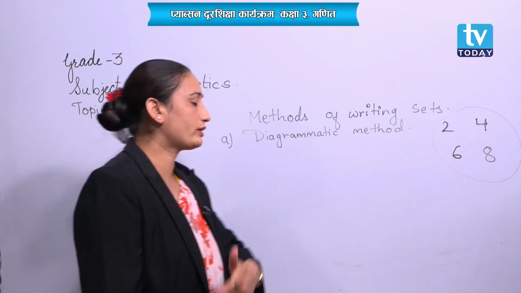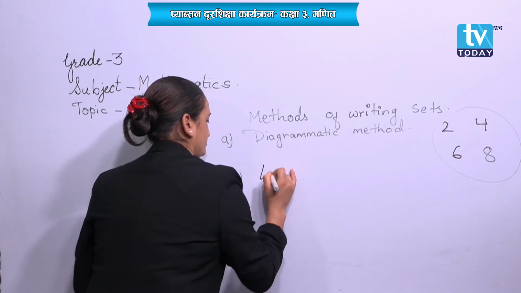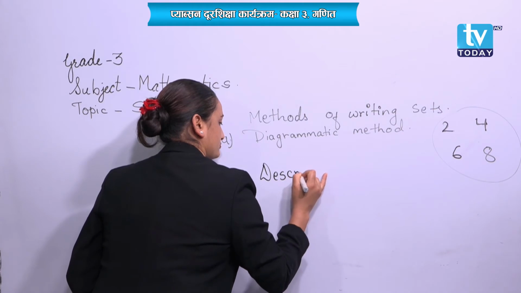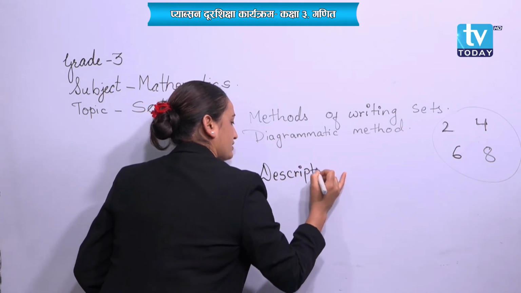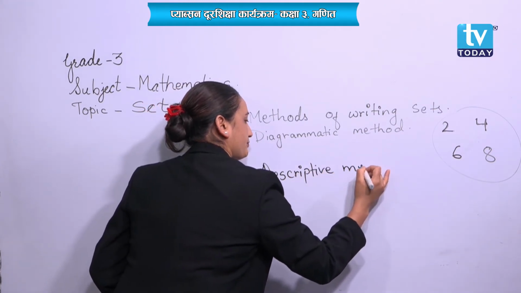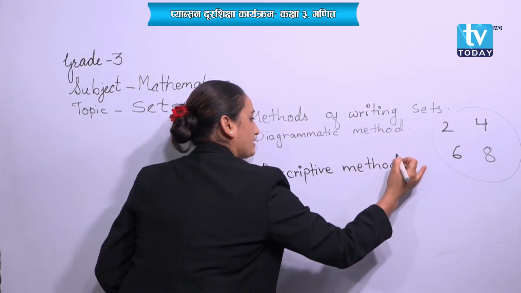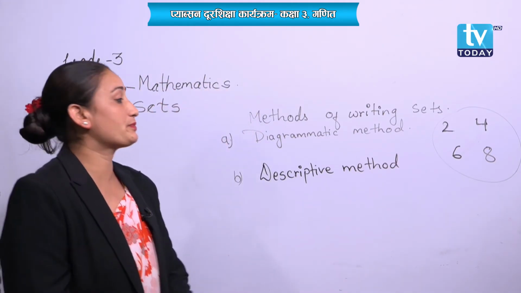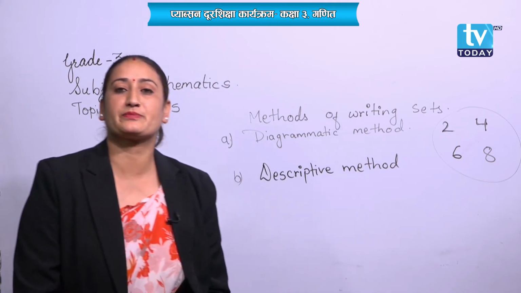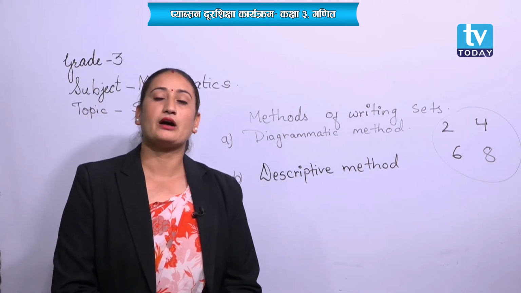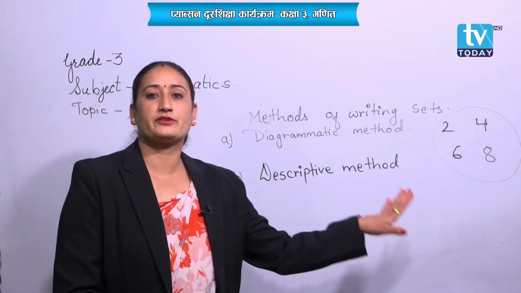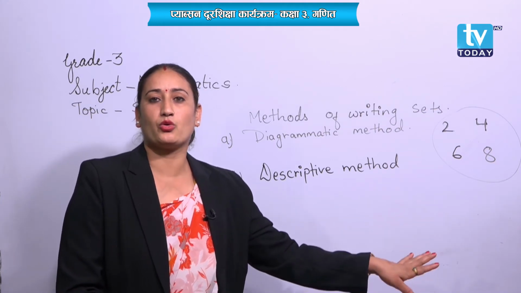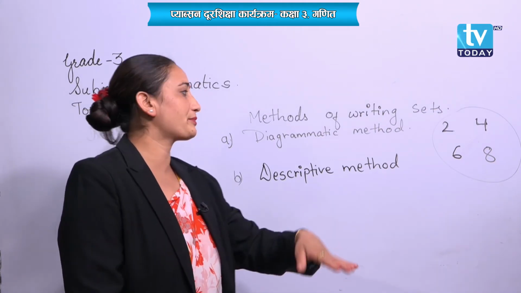Done? Okay, now next is descriptive method. That means to describe this picture. Let's describe this picture once, okay? How to describe? You have to describe this picture in words. Let's describe it.